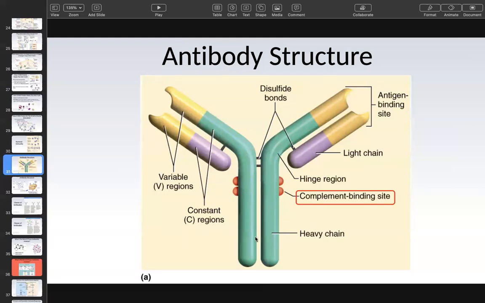The heavy chains fall into categories that will dictate the class of antibody. If you recall, we talked about complement binding sites in a previous discussion. They will bind here to communicate with antibodies when it's time for these to be activated again after a secondary exposure to the same pathogen.